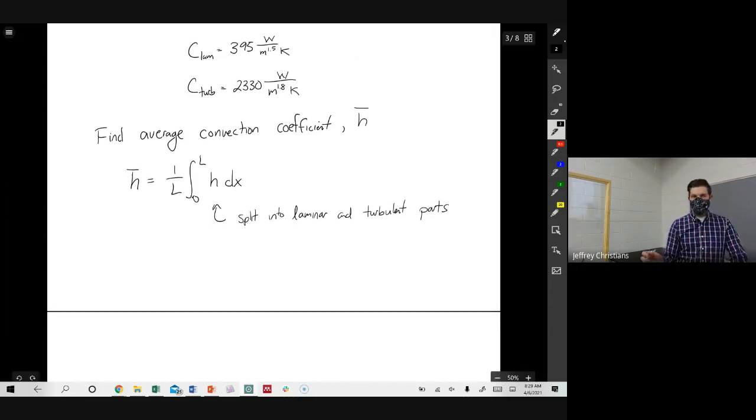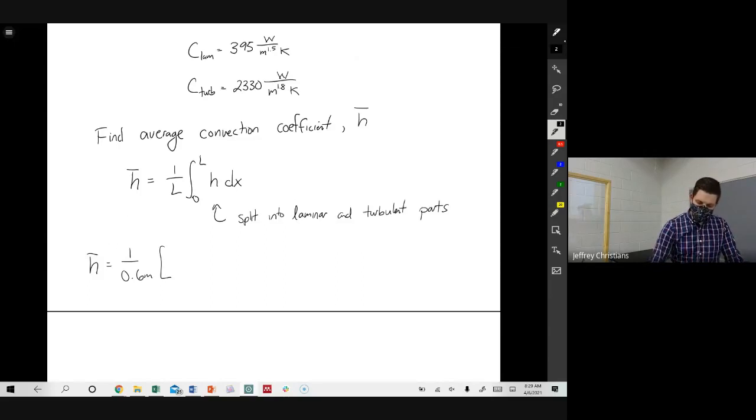And this is the part that I think conceptually makes sense, but in practice, it's easy to make errors. So for this problem, we have a plate that's 0.6 meters. So 1 over 0.6 meters. We want to be integrating from 0 to 0.43. That's the part where we're laminar.